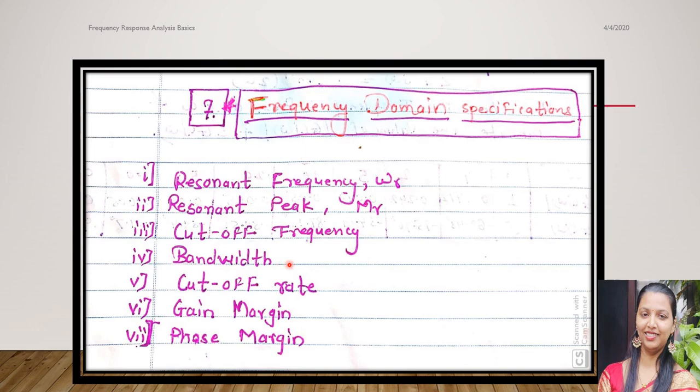Note that the plot exists for positive values of ω only. So the bandwidth of this control system is from 0 to ωc, or simply ωc. Next is the cutoff rate. The cutoff rate is the slope of the magnitude at the cutoff frequency.